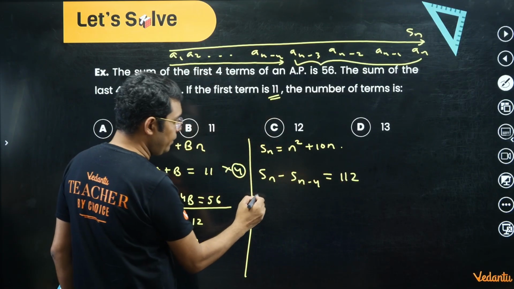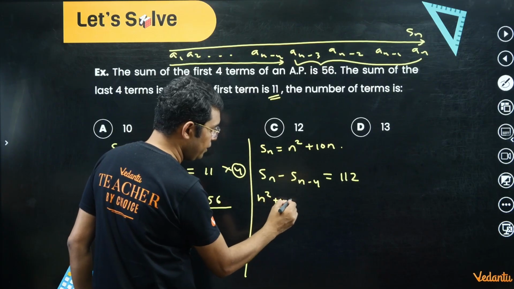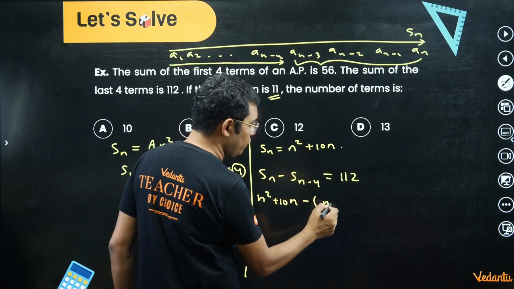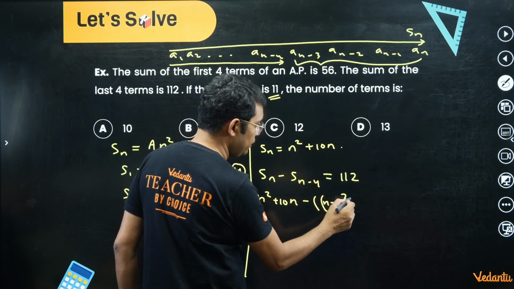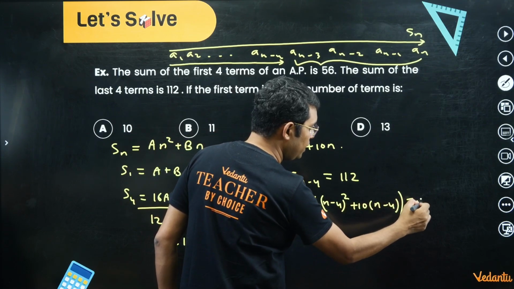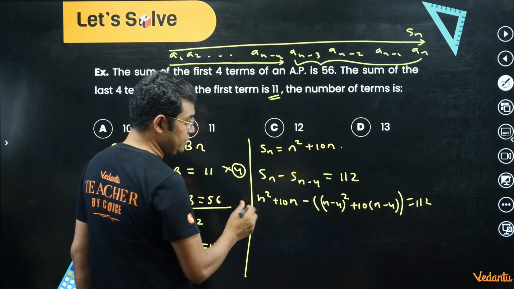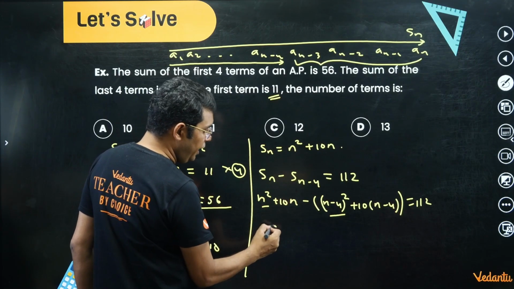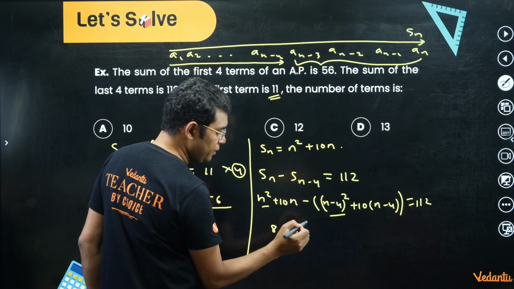Now Sn will be n square plus 10n, whereas S(n minus 4), I will just replace n with n minus 4, is equal to 112. This is not a big calculation, please listen carefully. N square minus this, if you simplify first, it will be 8n minus 16.